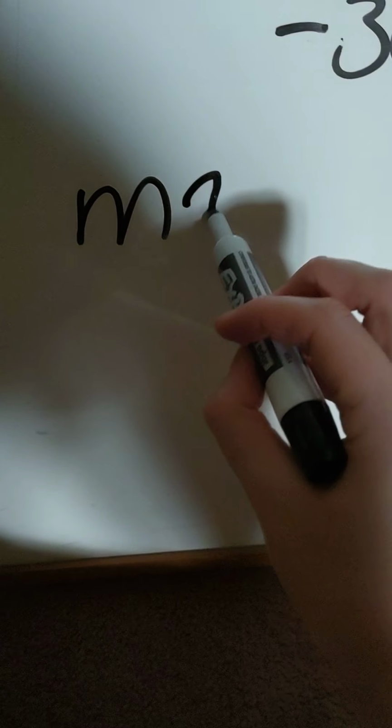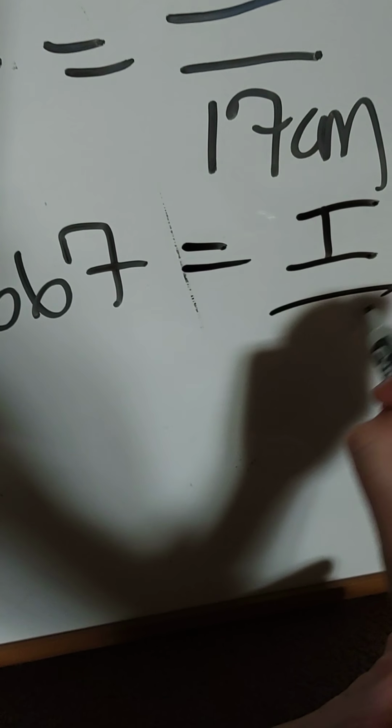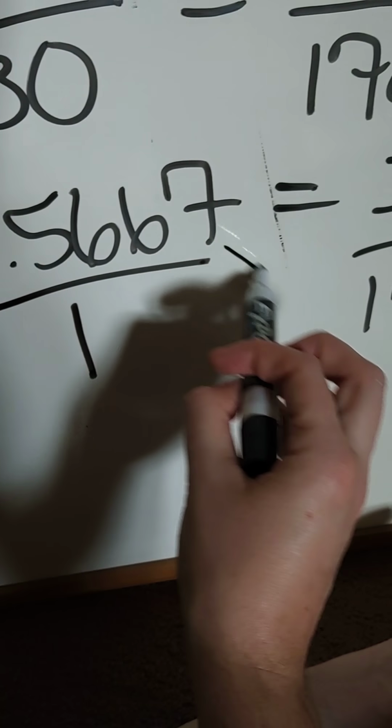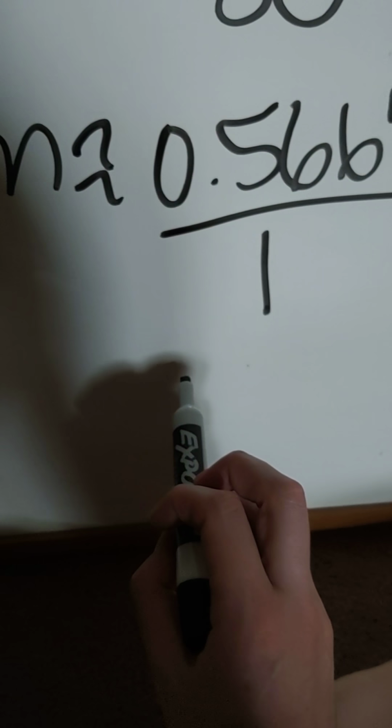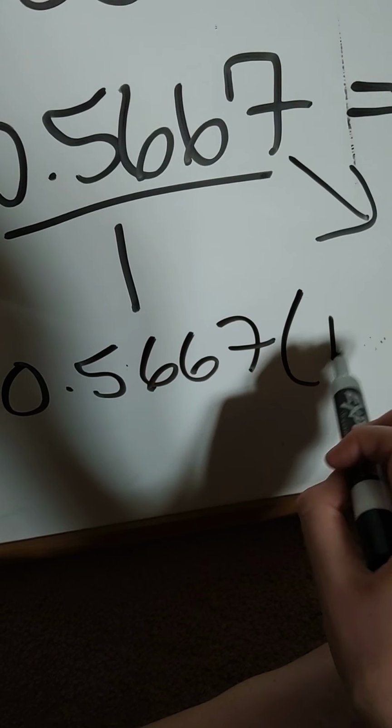So M is about 0.5667, which is equal to the image size over the object size, which is 17 centimeters. If we throw a 1 underneath this, we can cross multiply. So we'll start with 0.5667 times 17, which is equal to I.